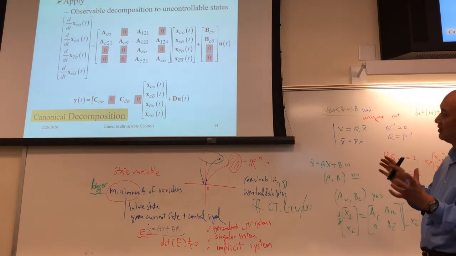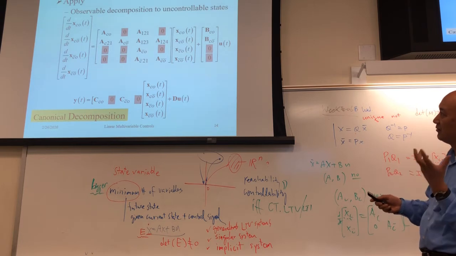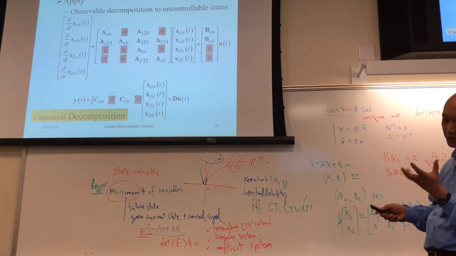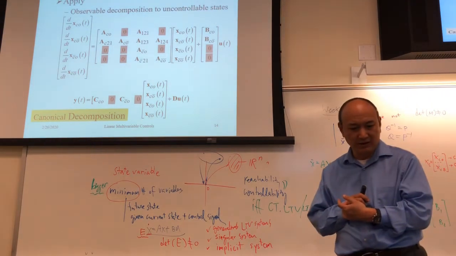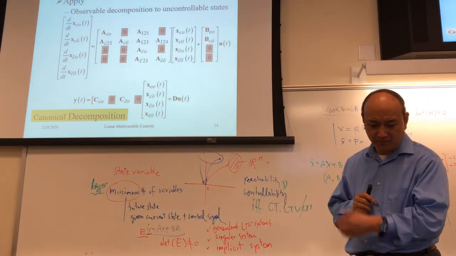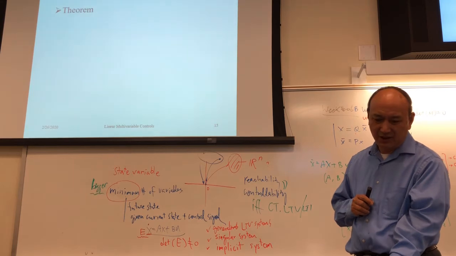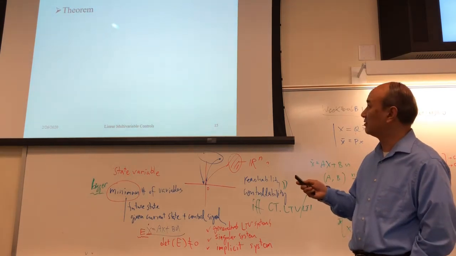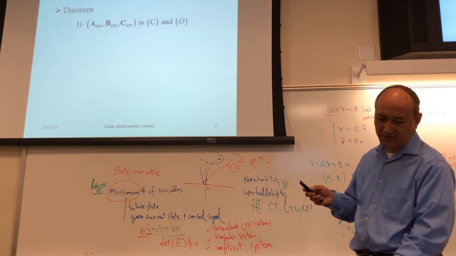I partition the state space into 4 subspaces: CO, CO bar, C bar O, C bar O bar.